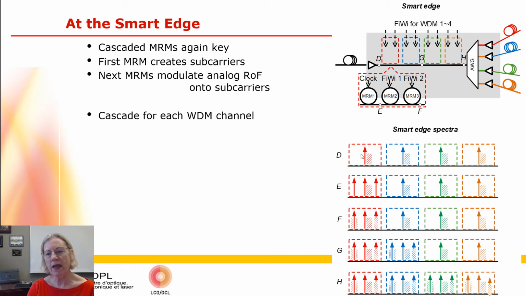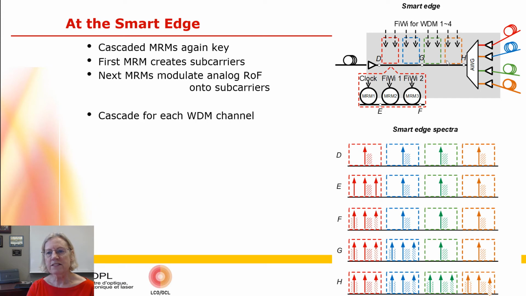So I create from a WDM main carrier 2 side subcarriers, and then the other 2 microring modulators modulate onto these subcarriers and can be locked to a single wavelength here. And we could use either a baseband or an RF carrier modulation onto these subcarriers.